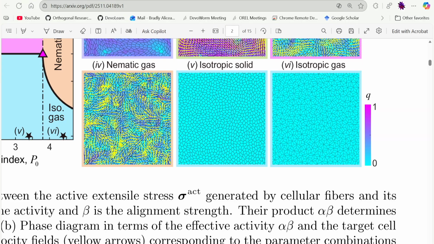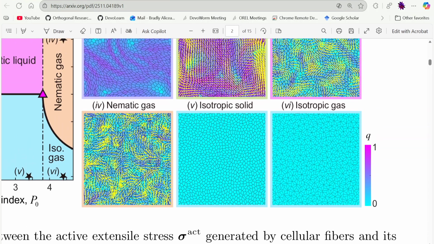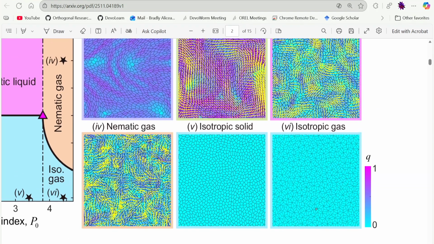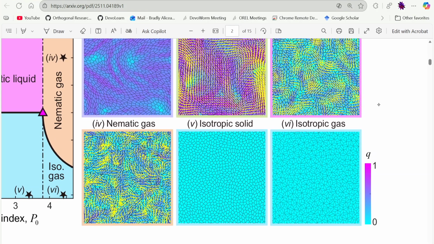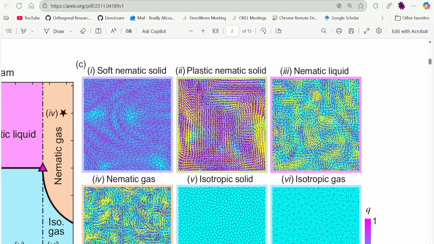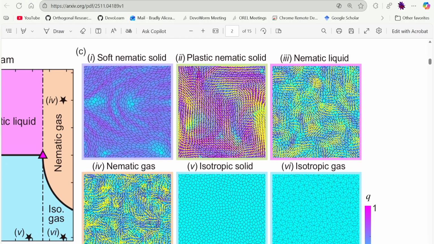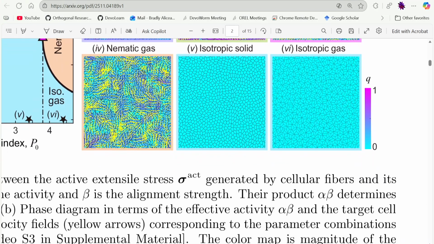They look pretty uniform. And then in the isotropic gas the cells are sort of squished, but it looks similar to the isotropic solid. So the isotropic state looks maybe more stable. The plastic nematic solid, the nematic gas and the nematic liquid look more dynamic to me.